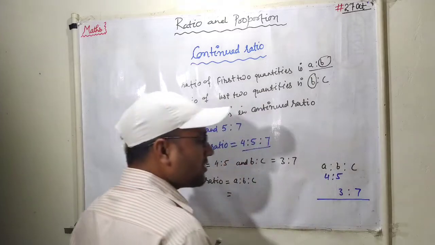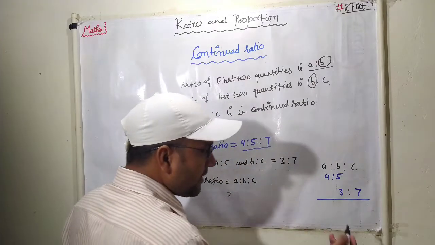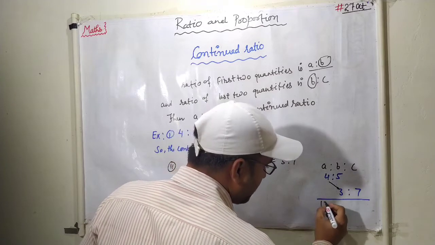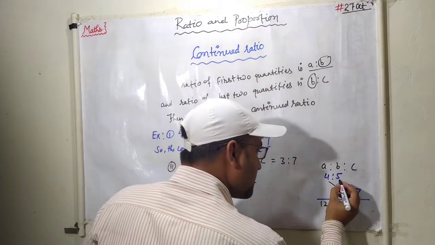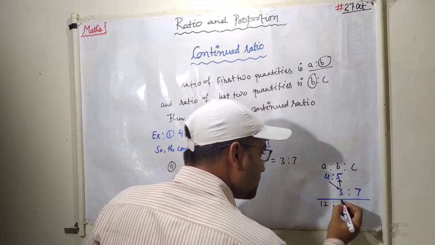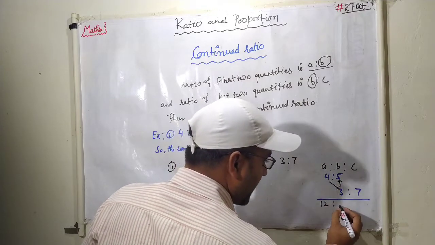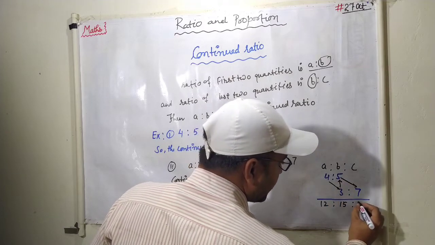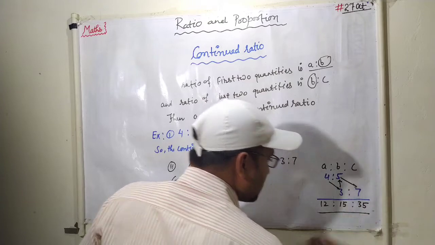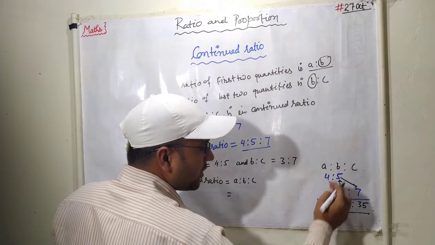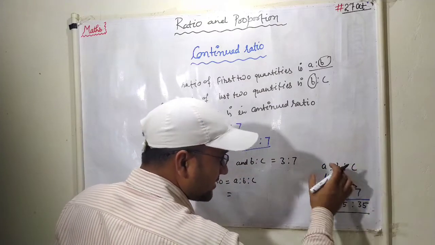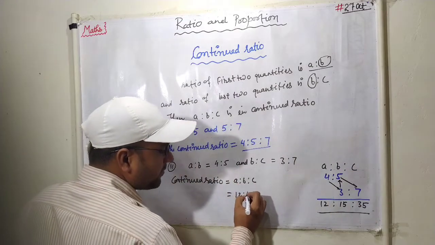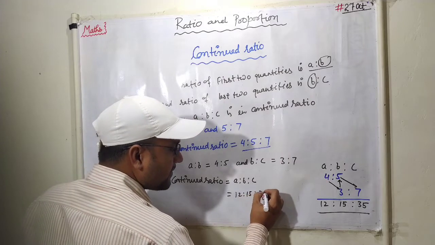Then you multiply 4 into 3, which is 12, then 5 into 3, 15, and then 5 into 7, you will get 35. So the value of A is 12, B is 15, and C is 35. So you will get 12 ratio 15 ratio 35, students.